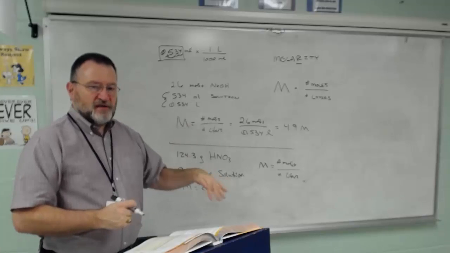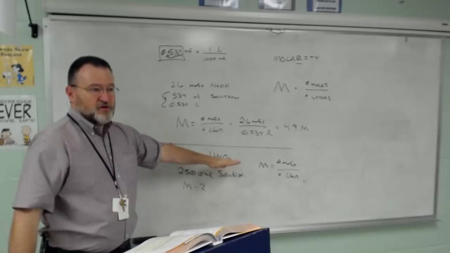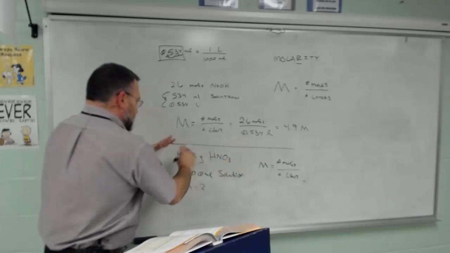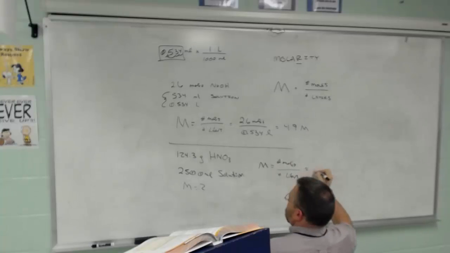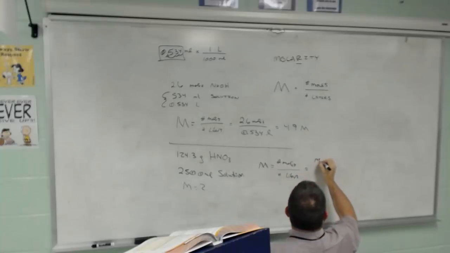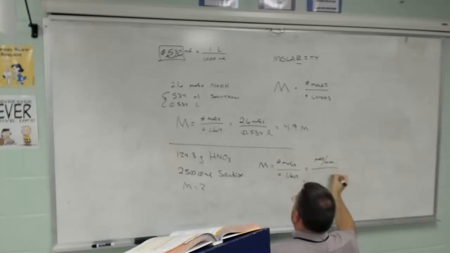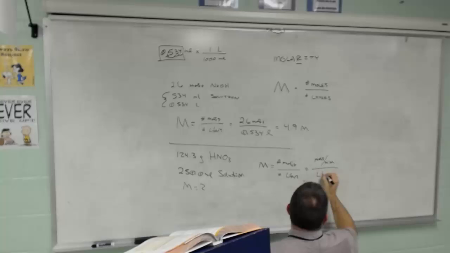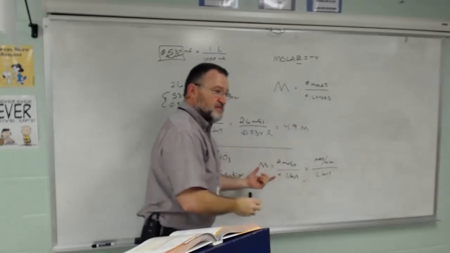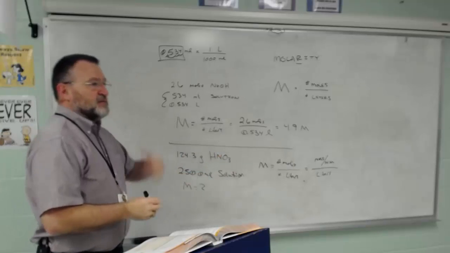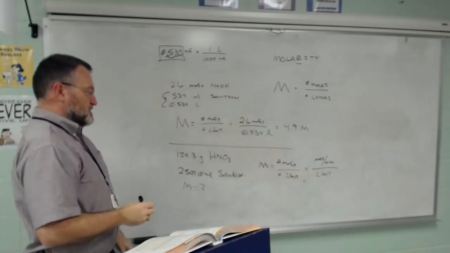Divided by the molar mass. So we'd have to go through and compute the molar mass of HNO3, take our mass, divide it by the molar mass. So another way of doing moles is equal to mass divided by the molar mass all over liters, right? That's another way of saying it. The moles, how many moles we have, is equal to the mass we have divided by the molar mass of the molecule we have.